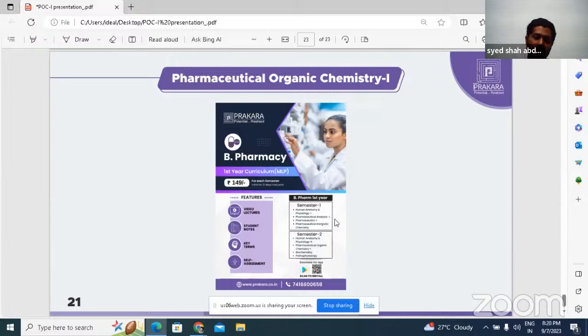Your syllabus initially has organic chemistry, but from second year, second semester onwards, organic chemistry will get modified into medicinal chemistry. So if you're not thorough with organic, that will become more complicated for you. These are connected to each other.